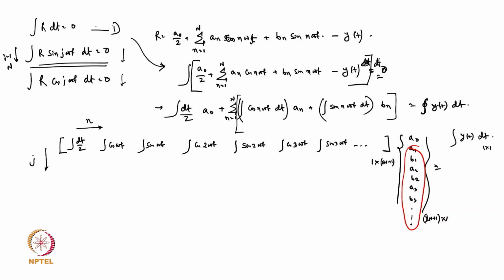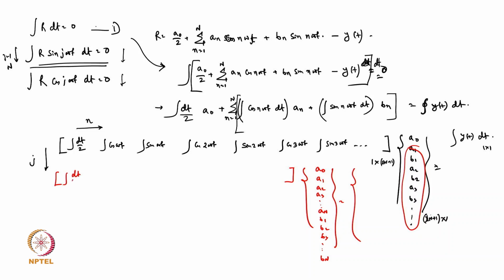So that's why some people do not write it in this form: A1, B1, A2, B2. People don't prefer to write it this way. Rather, people prefer to write it in this form: a0, then a1, a2, a3, an, b1, b2, b3, bn. What's the benefit?